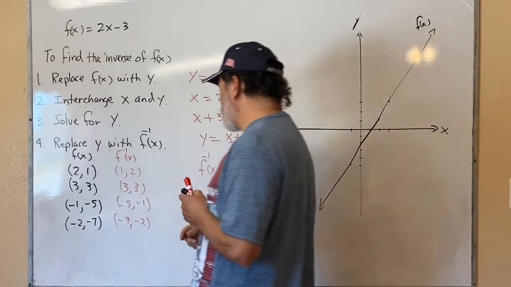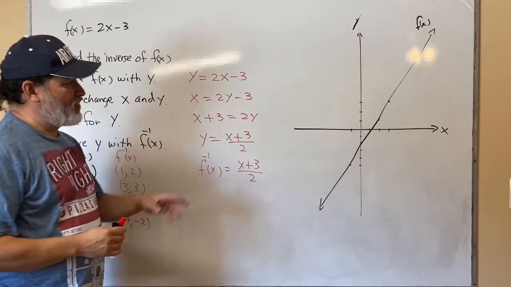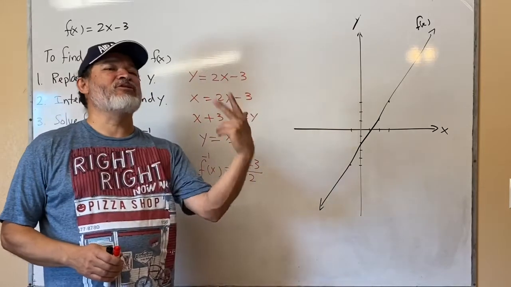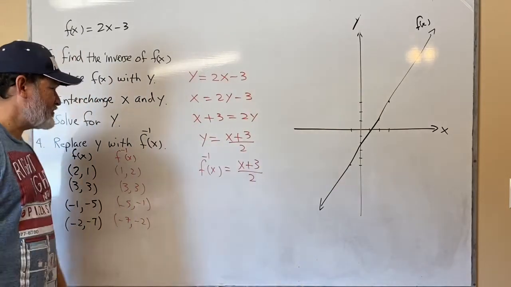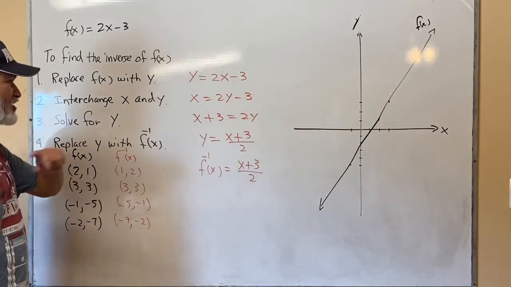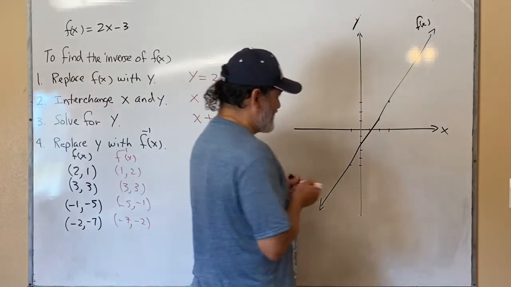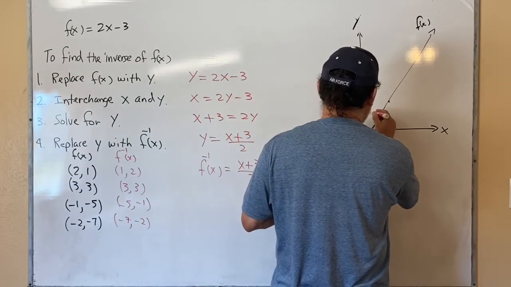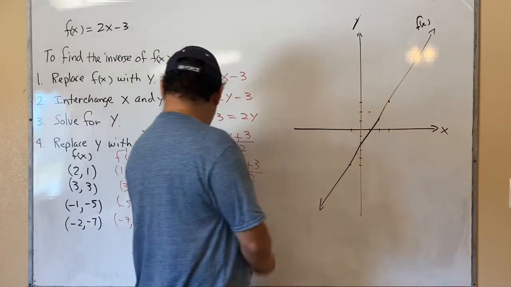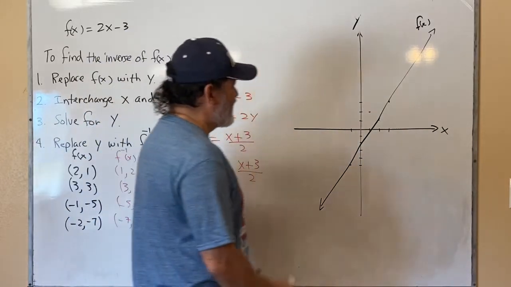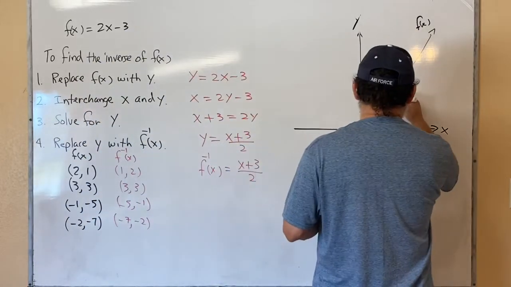Okay, what about the inverse? Take the coordinates and interchange. 1, 2: 1 and 2 right there. 3, 3: 3, 3 right there.